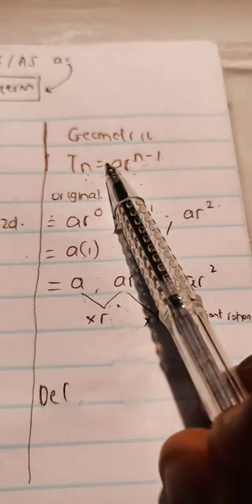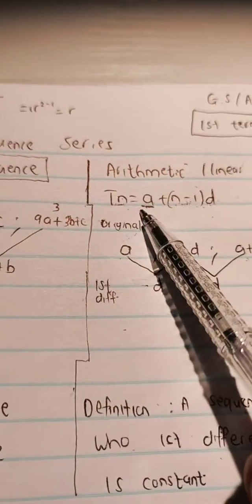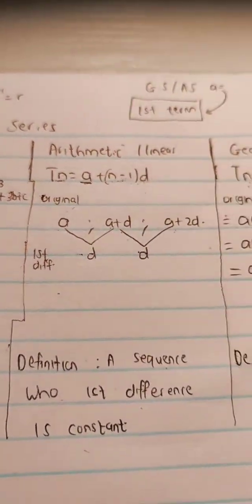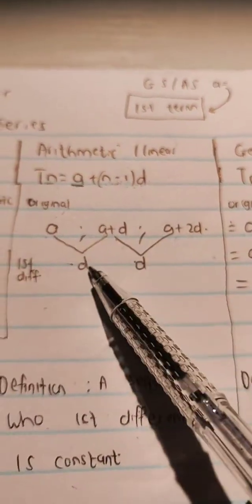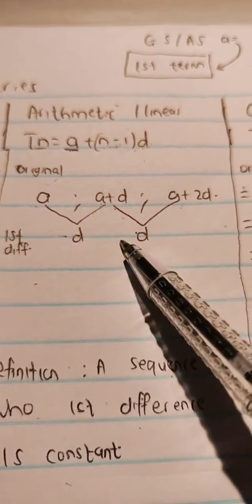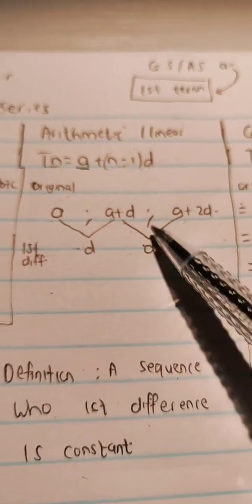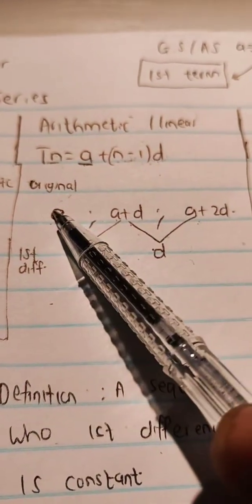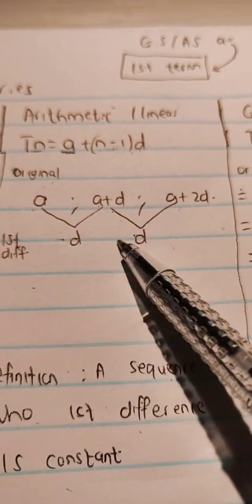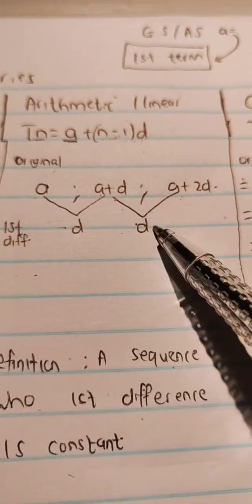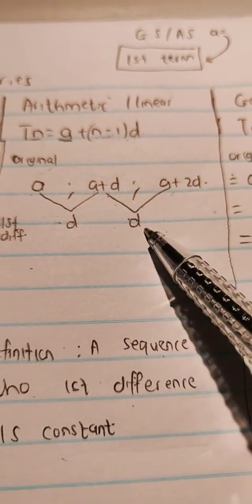A, just like A here, is the first term of our sequence. D here is the constant difference, because it's the second term minus the first term together with the third term minus the second term. That gives us a common constant value.